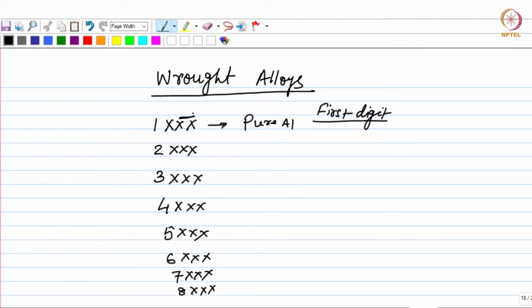Okay, and for the alloys starting from 2000 to 8000, the other digits that we have, these three digits, have some other meaning. So the first digit, as I said, for the alloys will specify the major alloying element.